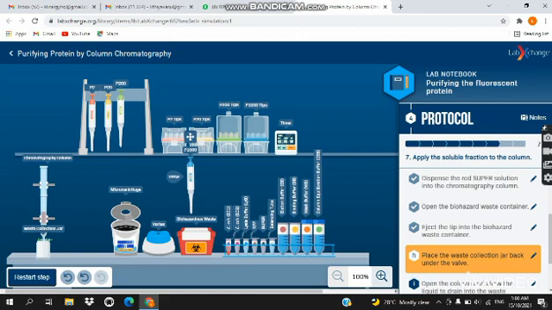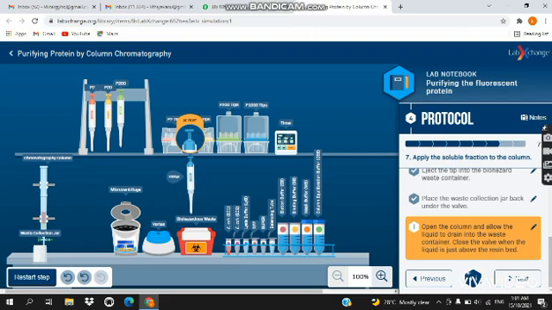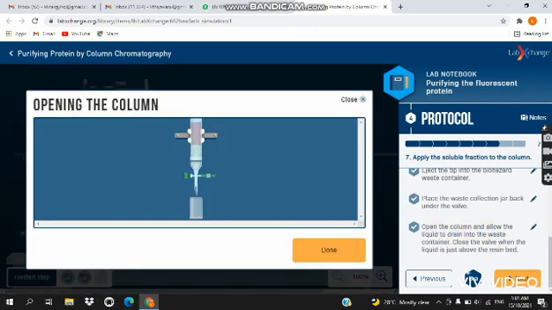And place the waste collection jar back on the rack. Open the column and drain liquid to the waste collection just above the resin bed.